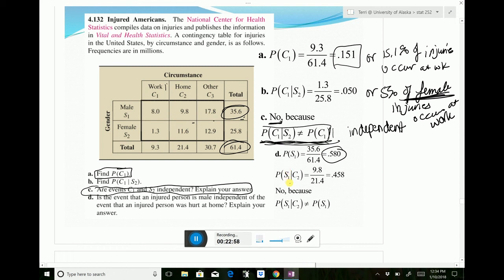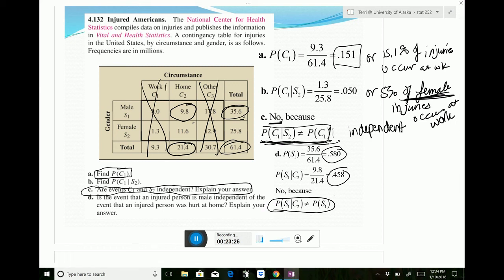The probability somebody was male, given that they were injured at home: we're given that they're injured at home, so we don't care about these anymore. That's 9.8 out of 21.4, which is 0.458. These are not independent because the probability of S1 given C2 is not equal to the probability of S1.